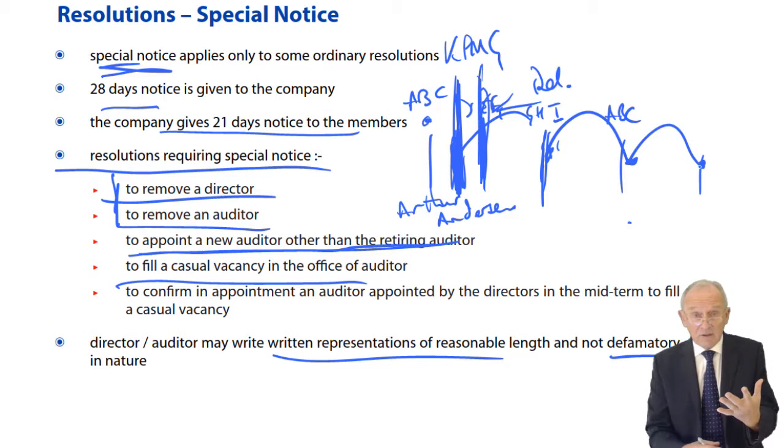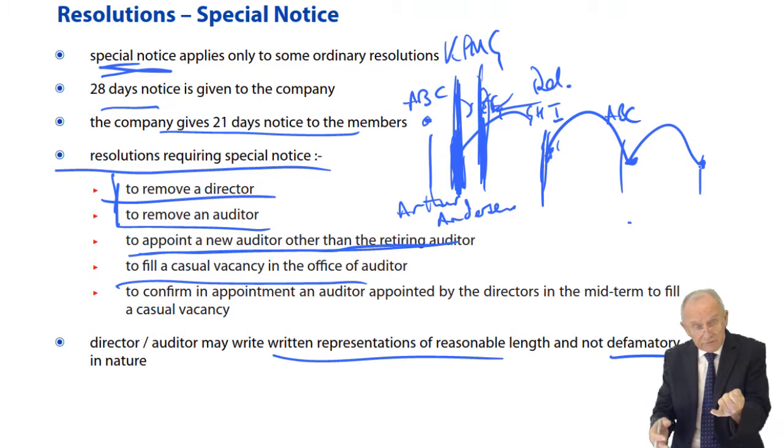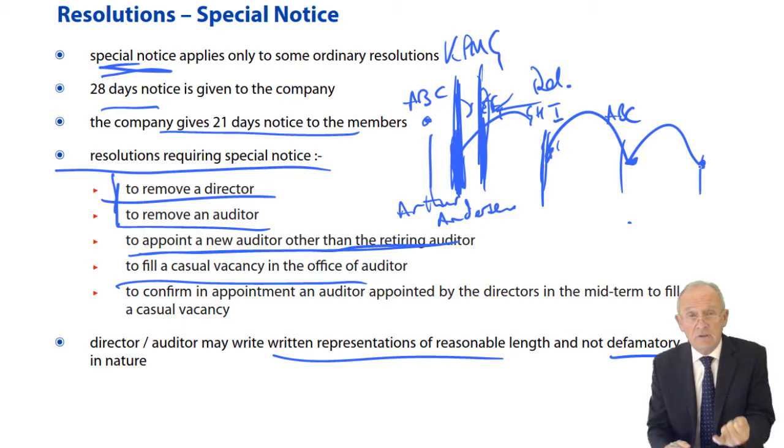Remove a director, remove an auditor, appoint as auditor someone other than the retiring auditor. At any other general meeting, the members get together to fill a casual vacancy in the office of auditor, or the directors have filled that casual vacancy, then that auditor now submits themselves for re-election by ordinary resolution with special notice.